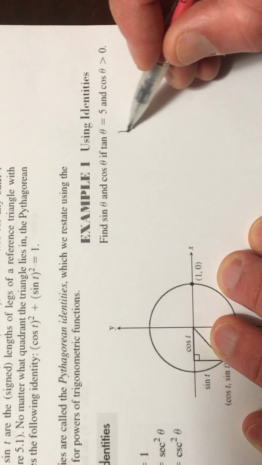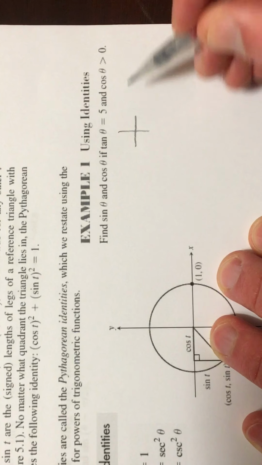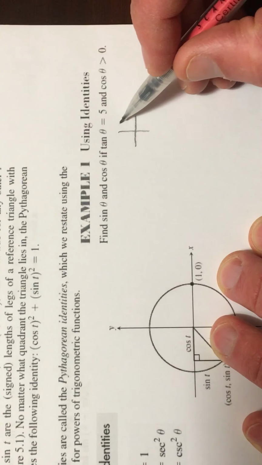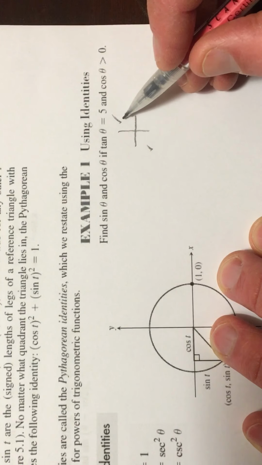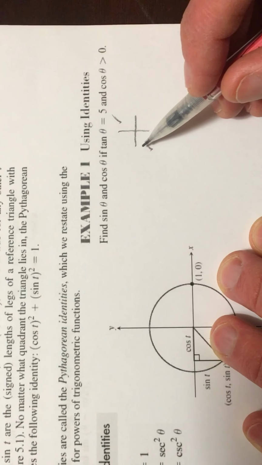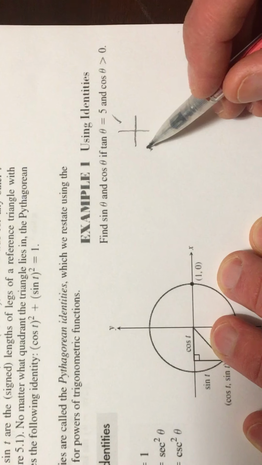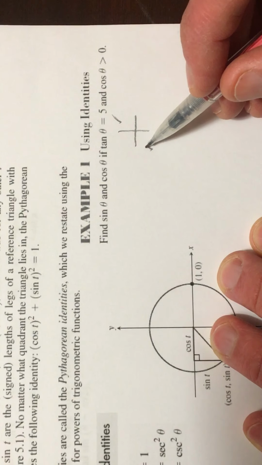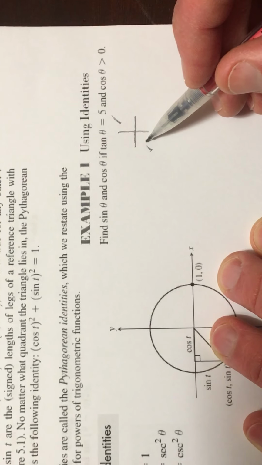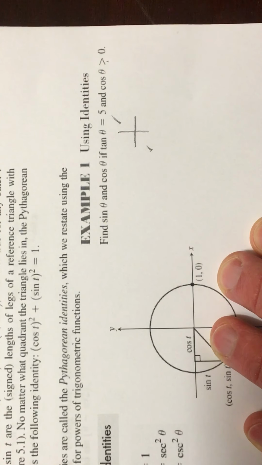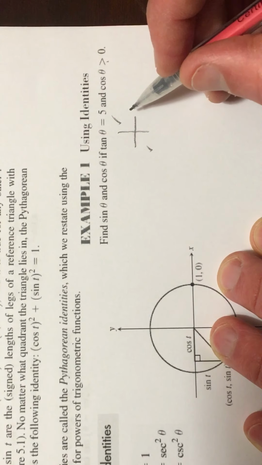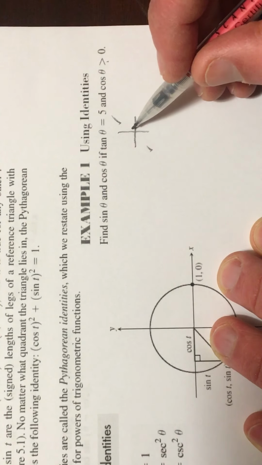So I can look at it and say, hey, which quadrant is the tangent positive? Well, tangent's positive in the first and in the third. Everything's positive in the first. And we know that a y over an x, both of them would be negative, which would turn into a positive for the third quadrant. Our cosine is greater than 0, which means positive. Cosine, remember, is the x value or the x coordinate. So obviously we have to be in quadrant 1.